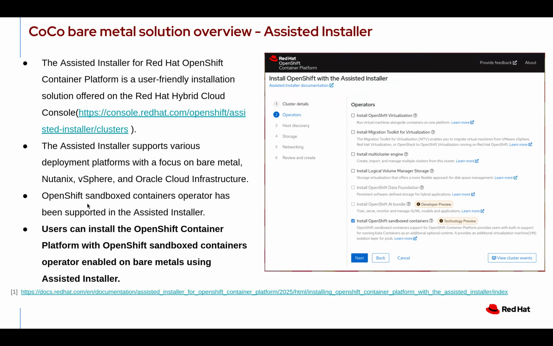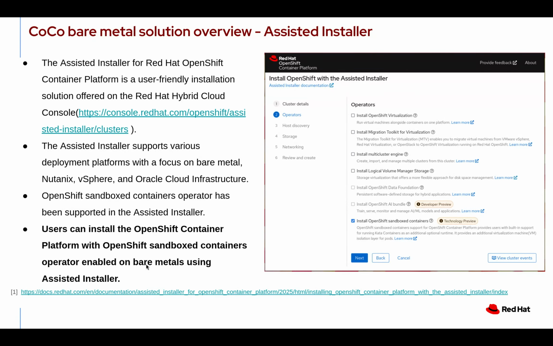Currently, the OpenShift sandboxed containers operator is supported in the assisted installer, and you can see on this page it's supported as technology preview. So users can install the OpenShift cluster with the OpenShift sandboxed containers operator enabled on bare metal using the assisted installer.